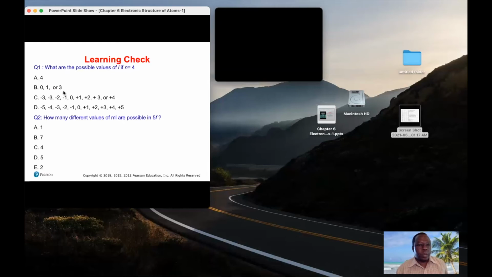So the only one possible is B for possible values for L.